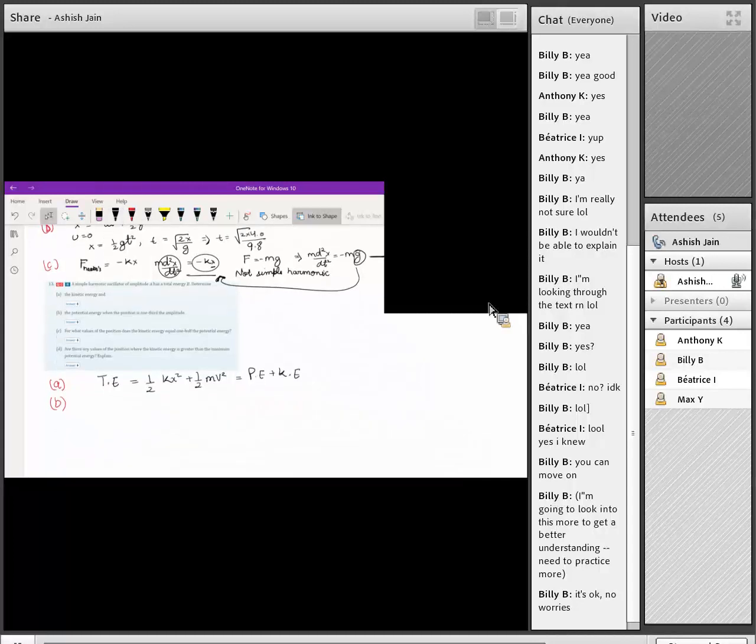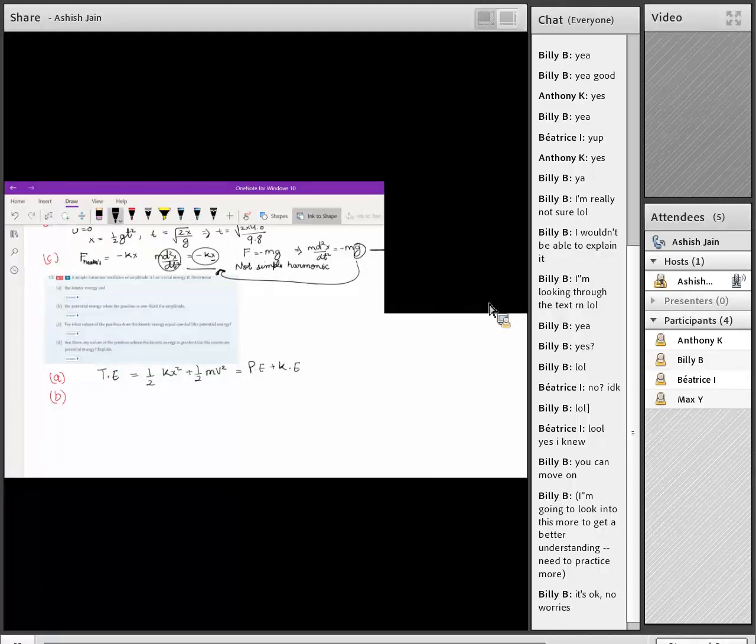The first part asks what is the kinetic energy if the position is 1/3 the amplitude. So KE is half ka square minus half kx square. I want to clarify here, total energy is half ka square.